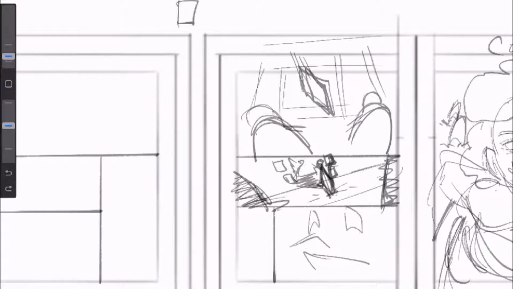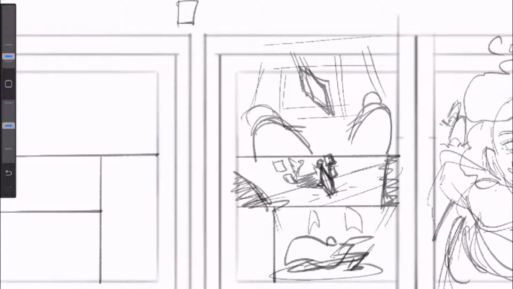Actually, I'm drawing that wrong. It's like this. Get our focus lines.